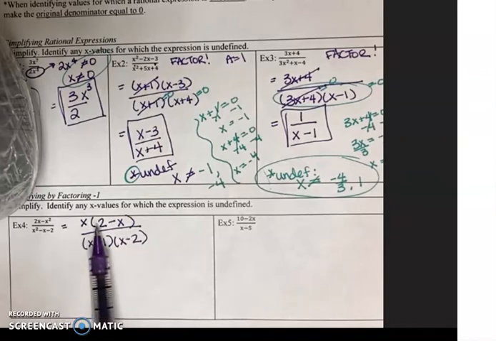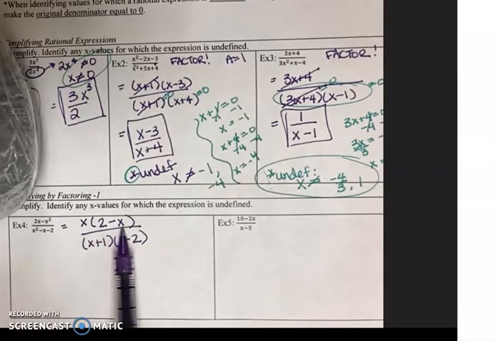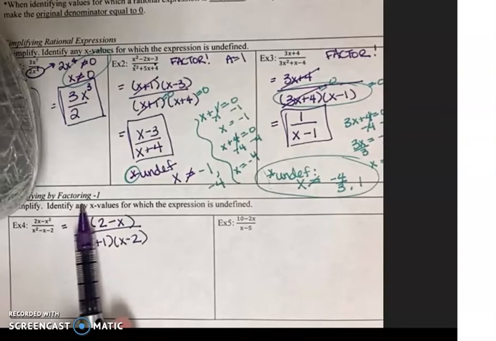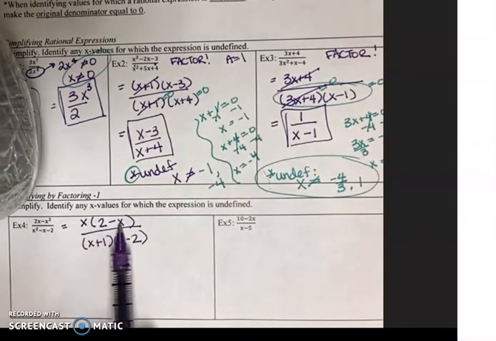I have a positive 2 and a negative x in the numerator, and a positive x and a negative 2 in the denominator. When there is only a difference of signs, we can pull out a -1, which would then change all of the signs in a parentheses and allow us to cancel it out.